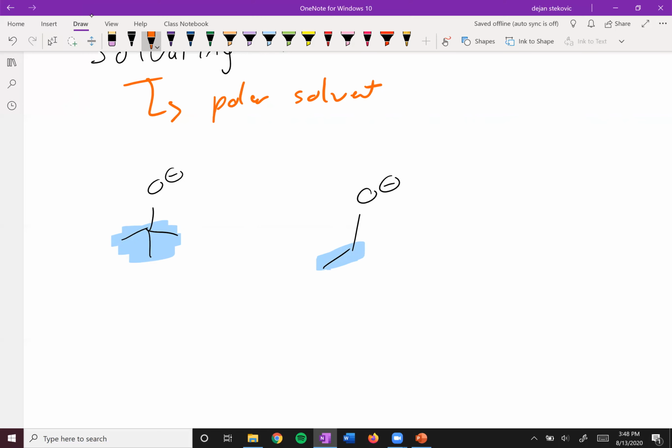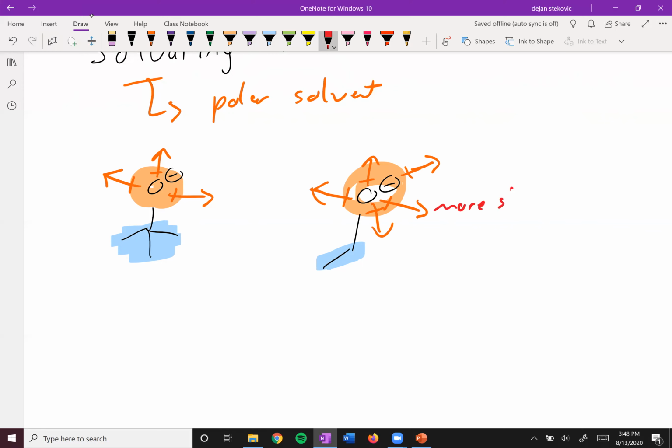Well, if you think about it, you've got all this bulky stuff right here, that's going to prevent too many molecules from surrounding it. Whereas on this side over here, there's not as many bulky components. And so we'll get more solvent molecules to be able to surround this. And since this positive negative interaction helps stabilize things, this one over here is going to be more stable.